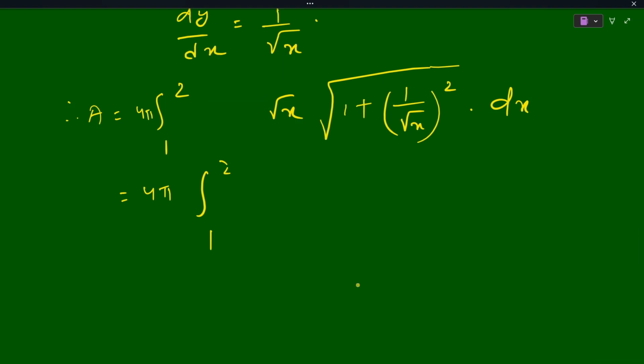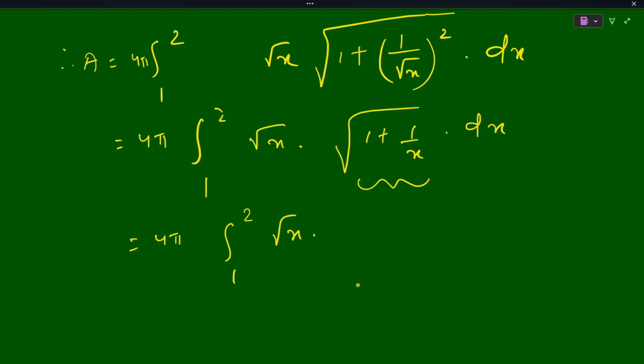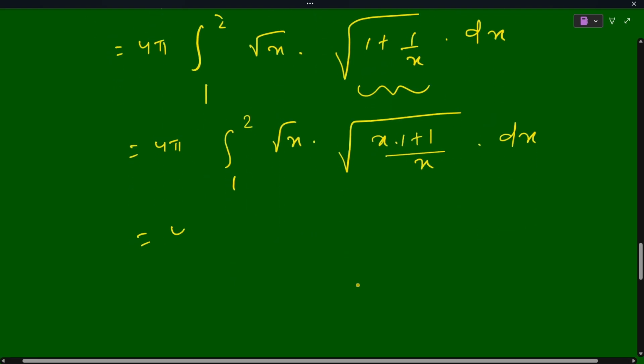It is root x into root of 1 plus 1 by x. So let's simplify this 1 plus 1 by x, so it will be root x into root of x plus 1 by x, into dx. So here this is 4 pi and the integration is from 1 to 2.